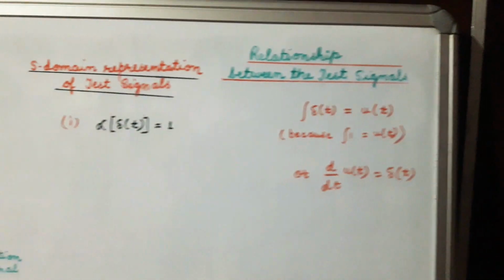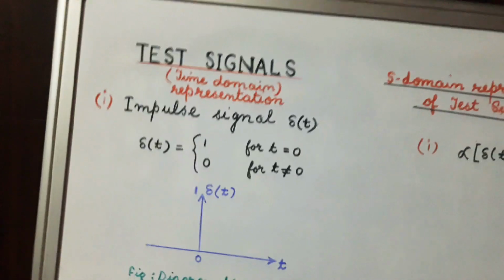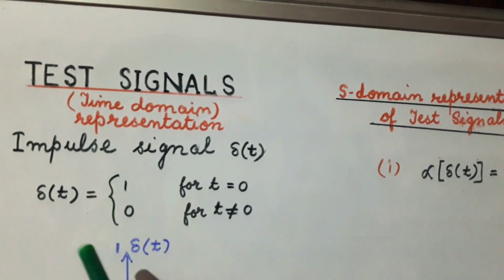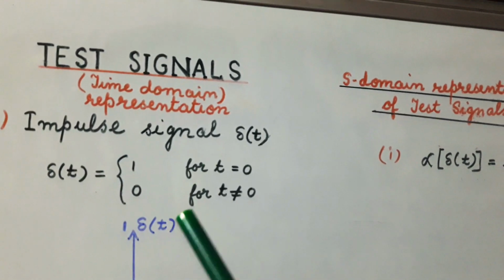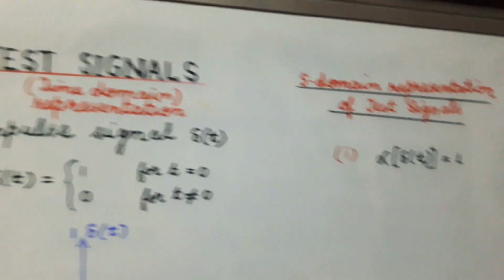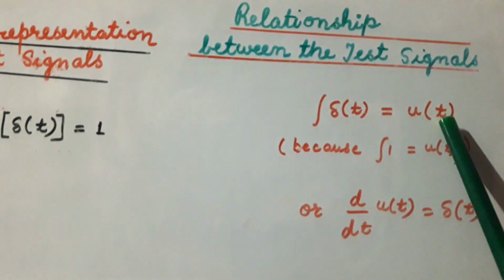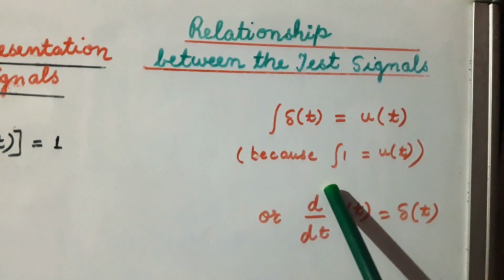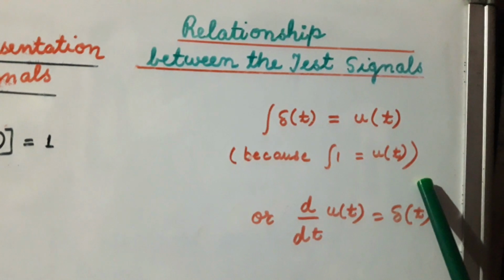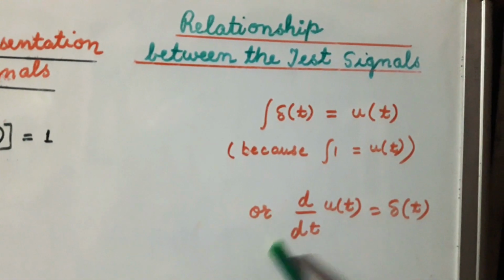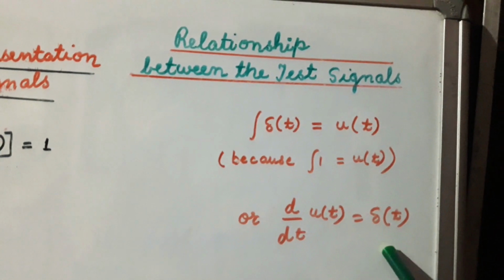Now we see in this figure that the value of delta t is 1. So if we take the integration of 1, that will be equal to u(t). It means that integration of delta t will be equal to u(t), because integration of 1 is u(t). Or we can write this as d by dt of u(t) is equal to delta t.